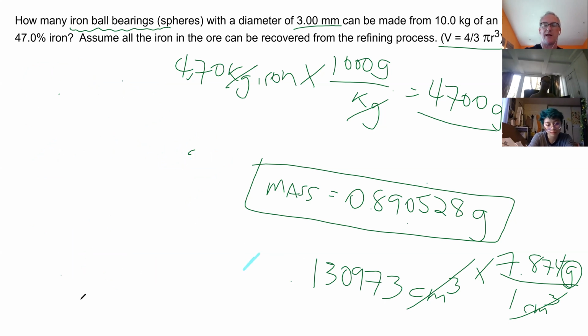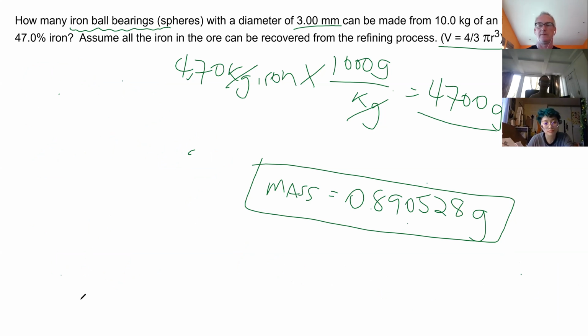I always multiply. You want numbers? I want to take my 4,700 and convert that to a number. 4,700 times 1 over, one what? Units. One ball. Yeah, there you go.